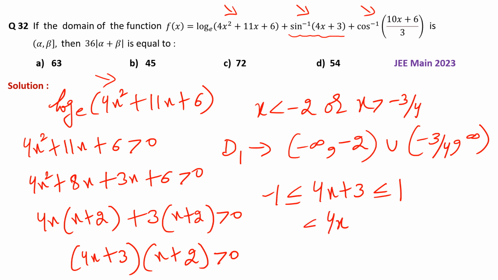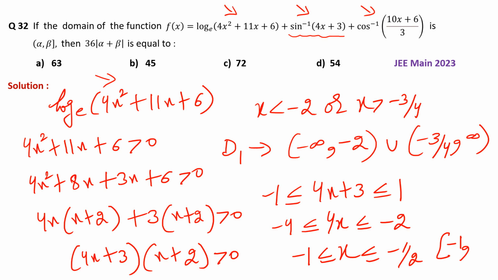So just subtract 3 throughout the inequality. So you will be getting x lying between minus 1 to minus half. So that means the domain of the middle part of the function fx is closed minus 1 to minus half. Fine. I am calling this particular domain as D2.